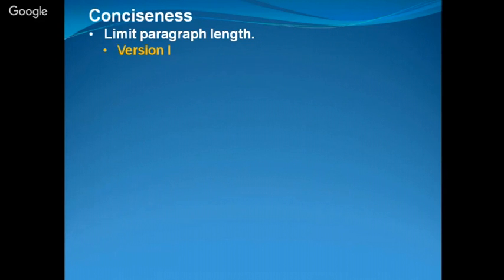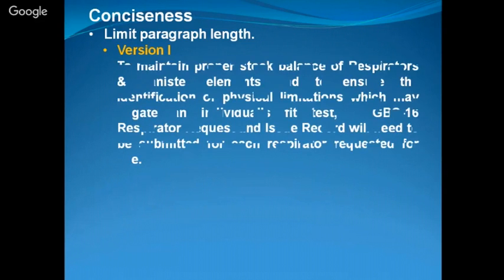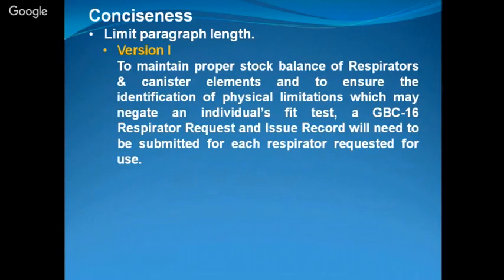Let me give you one example. You read this version 1, and there is only one full stop, a very long paragraph, and you will not be able to make out what is written in it.